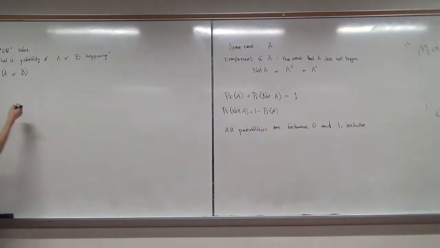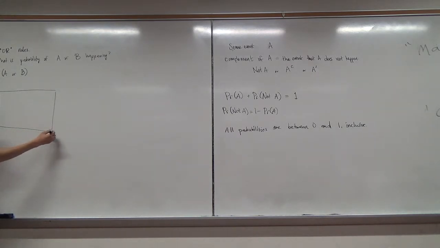Oftentimes we draw Venn diagrams to illustrate this. So this box represents everything that's possible. So the total area in the box is 1, or we call this S to describe the space of the universe or whatever. And we have A and B.